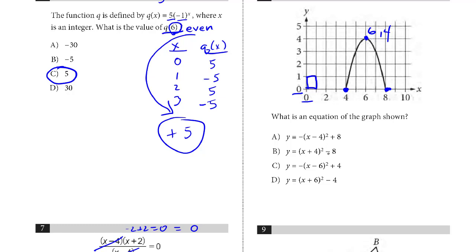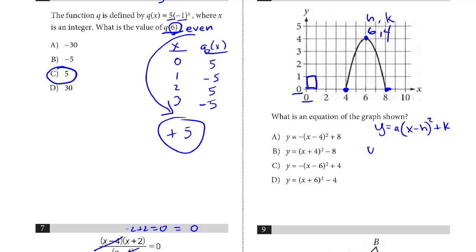Well, we've got vertex form equations, which is always of the form y equals a, same leading coefficient of the standard form of a quadratic, a times (x minus h) squared plus k, where (h, k) is the vertex, okay? So what should this equation be?